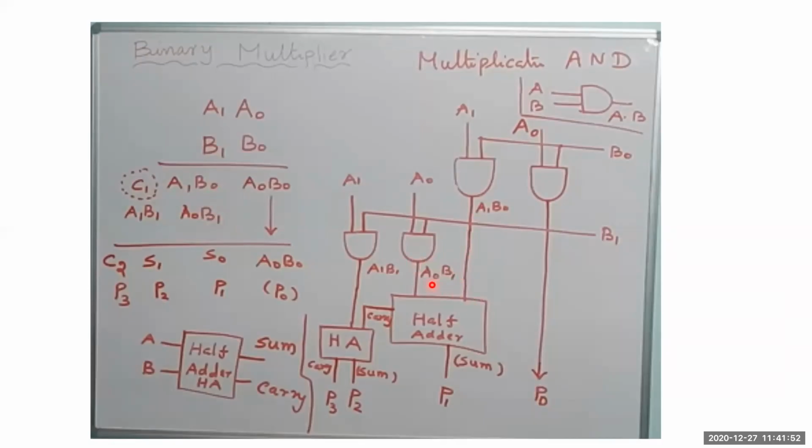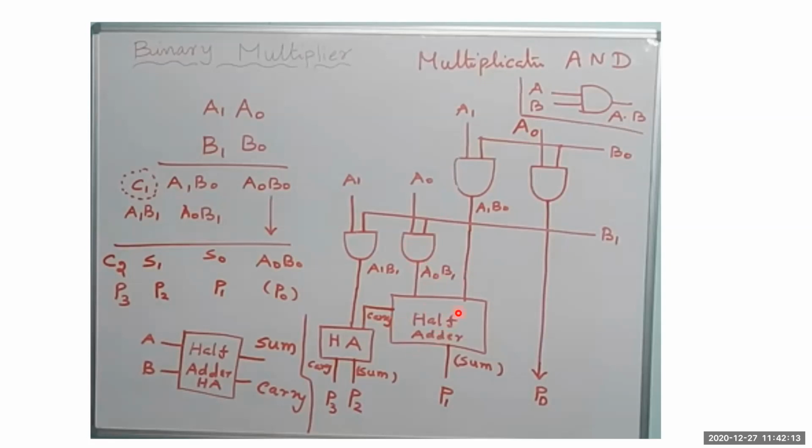Why am I taking only a half adder here? Because a half adder is a circuit which works on two inputs. I cannot take the full adder over here. I use a full adder whenever I am trying to add three inputs. That's the major difference between the full adder and the half adder. Since I am adding only two inputs, I have taken the half adder.